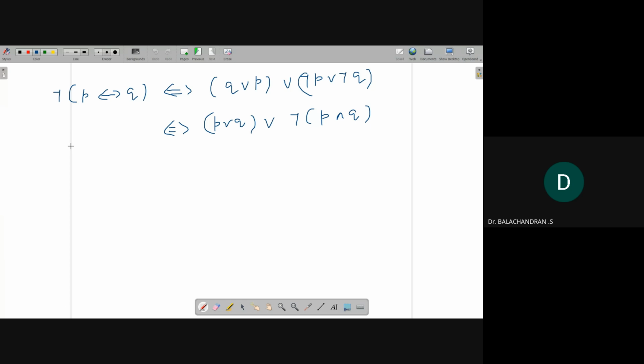Now I'll go to the second problem. This problem we already discussed in the previous class, so I won't write it out, I just explained it quickly in the PDF.